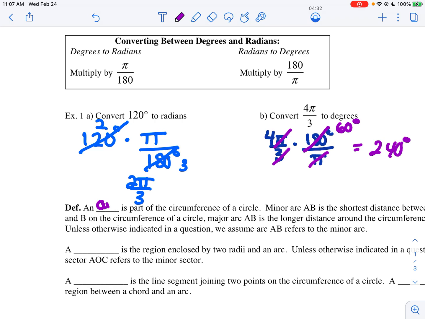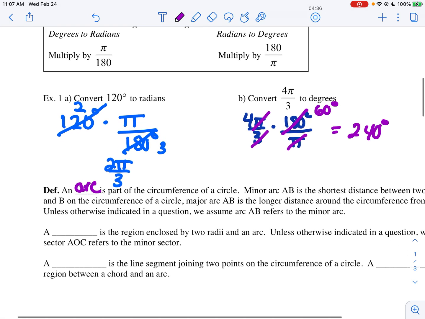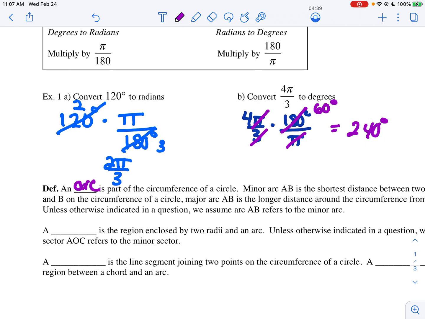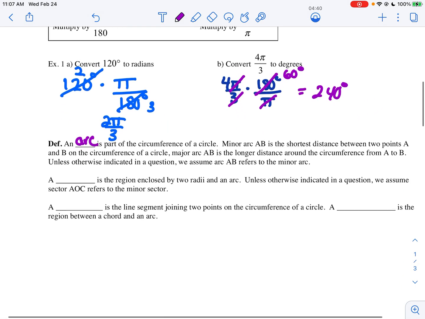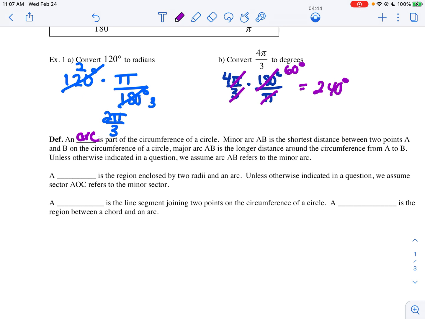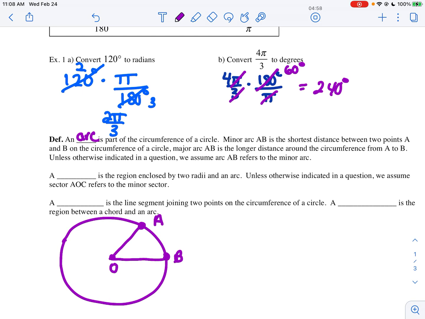All right, an arc is part of the circumference of a circle. Minor arc AB is the shortest distance between point A and B on the circumference of a circle. So let's draw a circle here. So if this is my center, we'll call the center O. Let's call this A and B. So minor arc AB is the shortest distance.